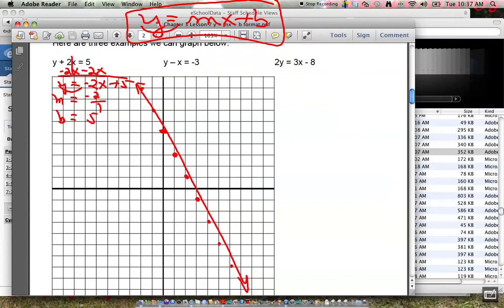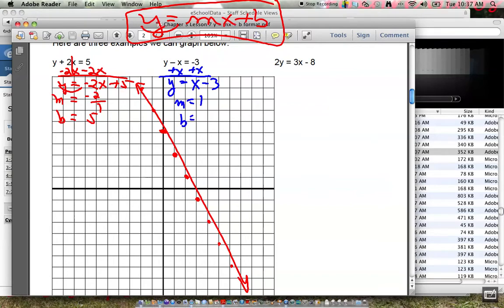Okay. So the thing that's wrong here is it says y minus x equals. I need to get rid of that minus x, so I add x, and I get y equals, and be careful to put the x part in front, positive x minus 3. What is the slope? 1. It's the number in front of the x.